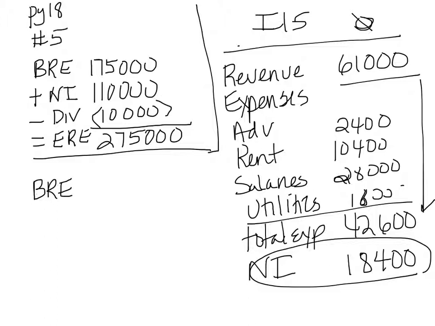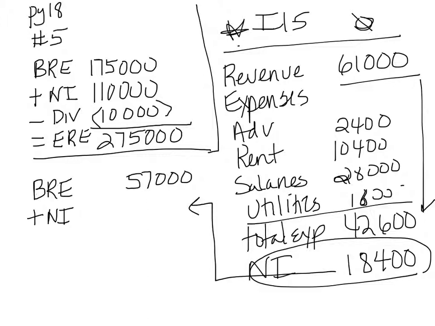Yes, they gave us beginning retained earnings on January 1 of $57,000. We then add the net income that came from this income statement. So you have to prepare this first, then you can prepare the statement of retained earnings. So we're going to add $18,400.